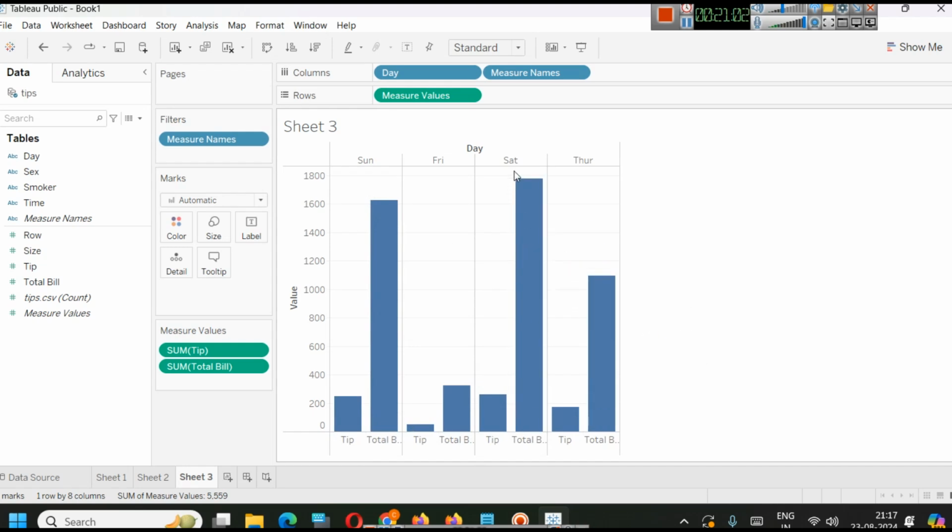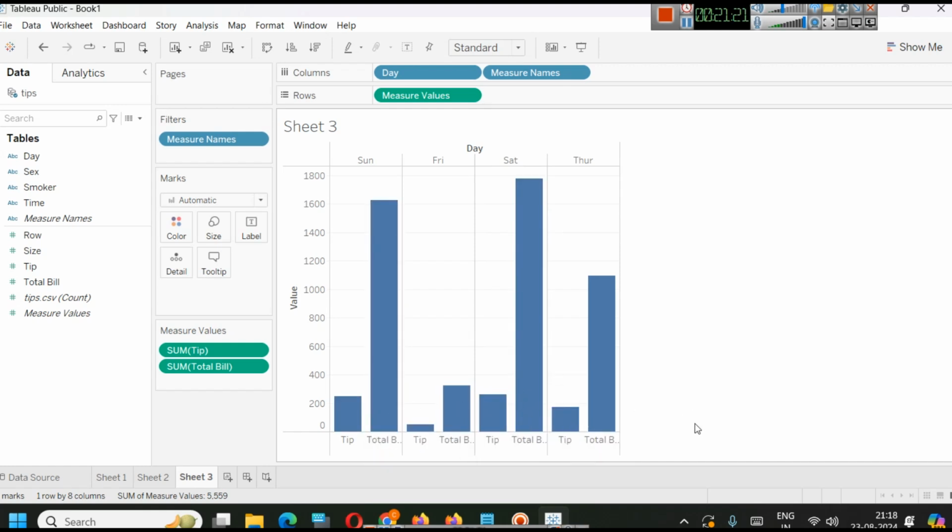In case of Saturday, you can see total bill actually was more, but on the day at which total bill was more, tip did not increase at that same rate.